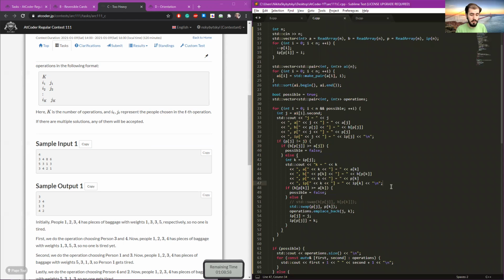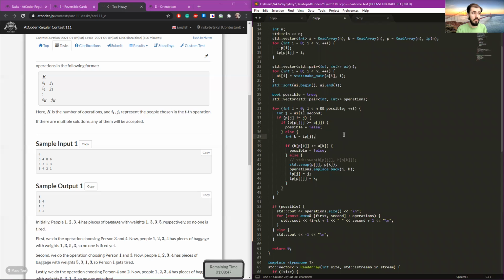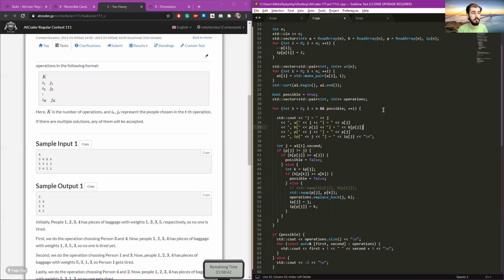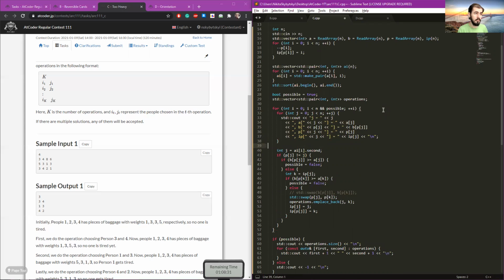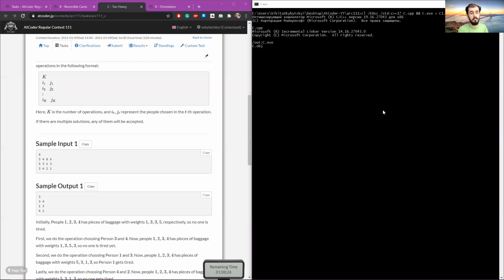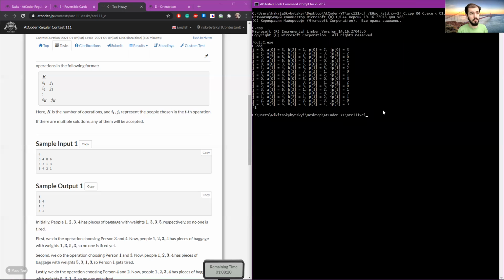Yeah, what if I print everything before every operation? For whatever we do, let's print everything.